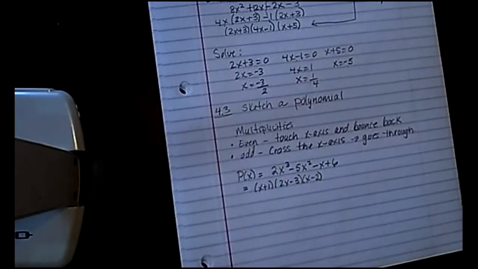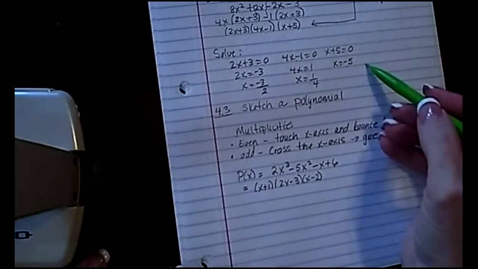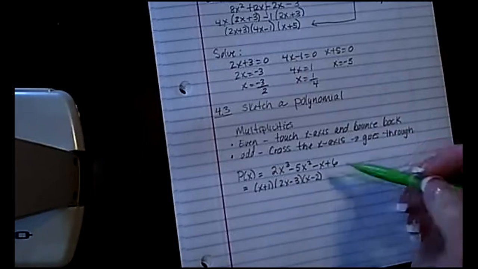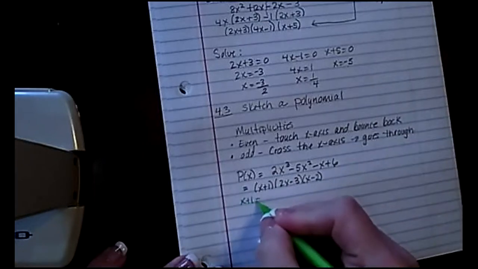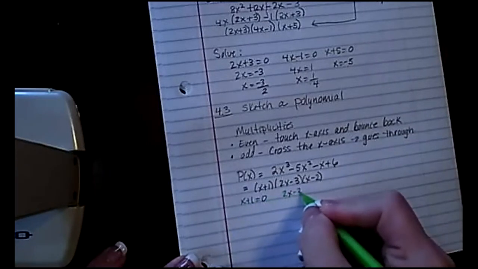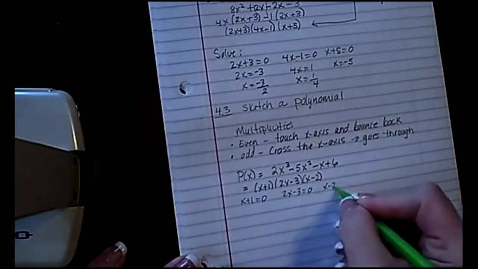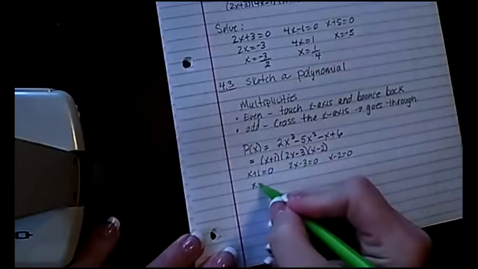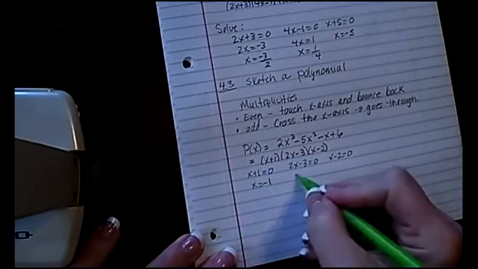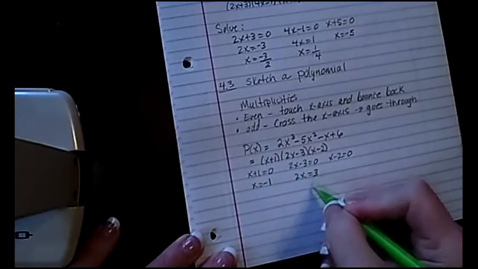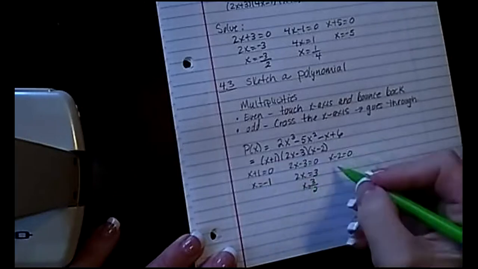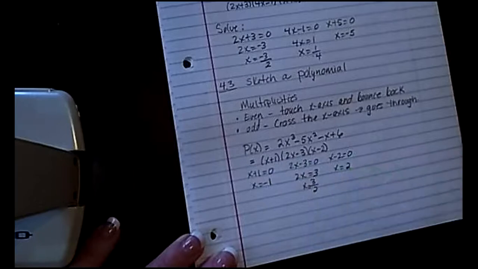So what I need to know is I need to go ahead and be able to solve these so that I know where they go through the x-axis. All right, so let's go ahead and solve them first of all. All right, so we know that this goes through at -1. All right, here we add 3, divide by that coefficient, so we have 3/2, and then x equals 2.